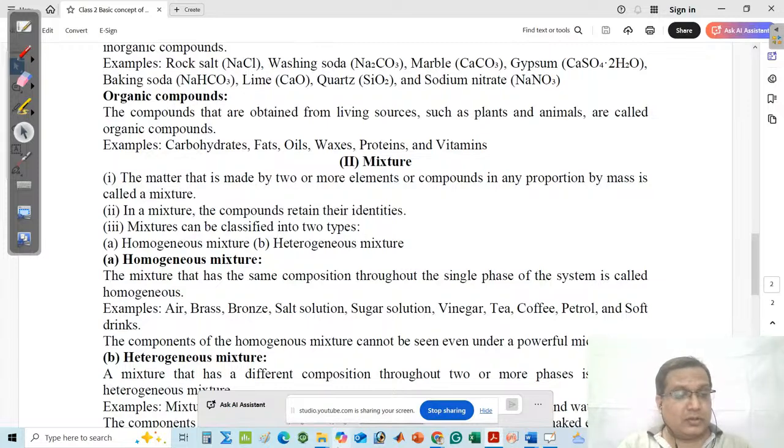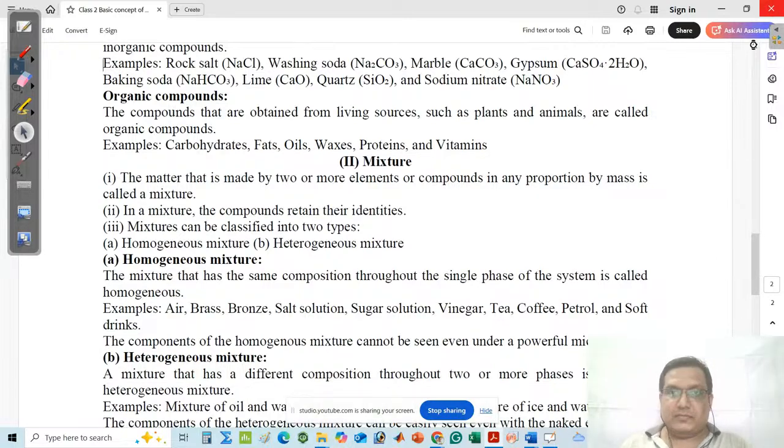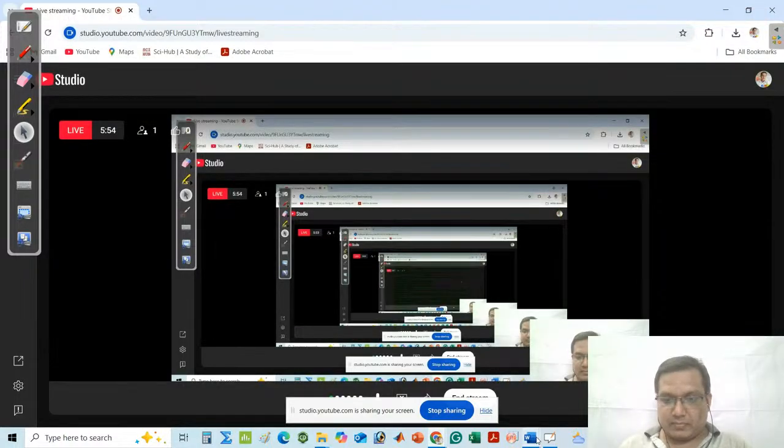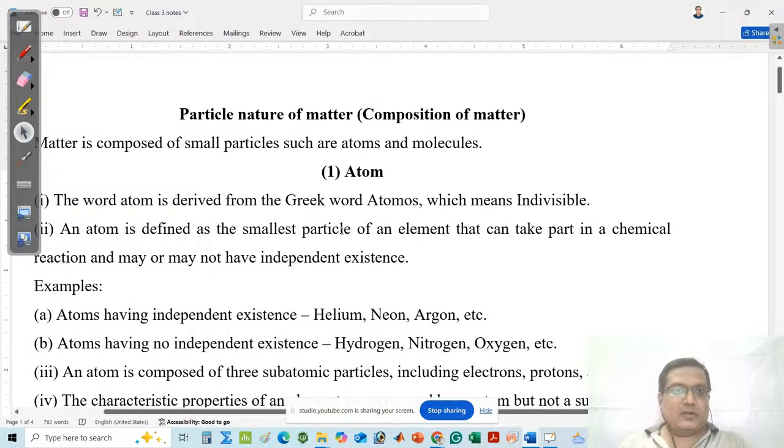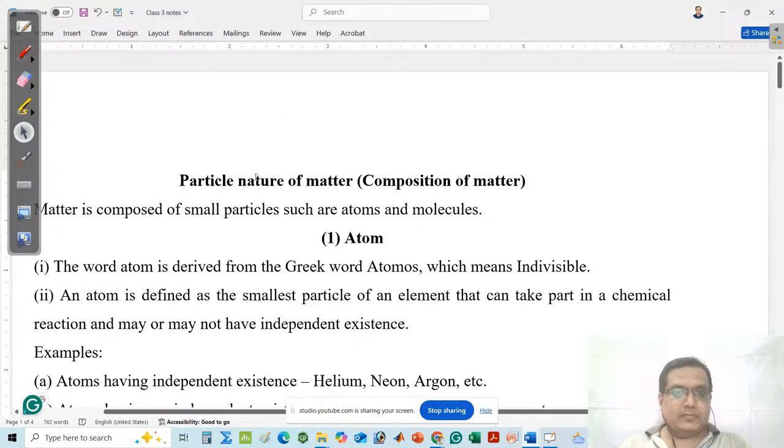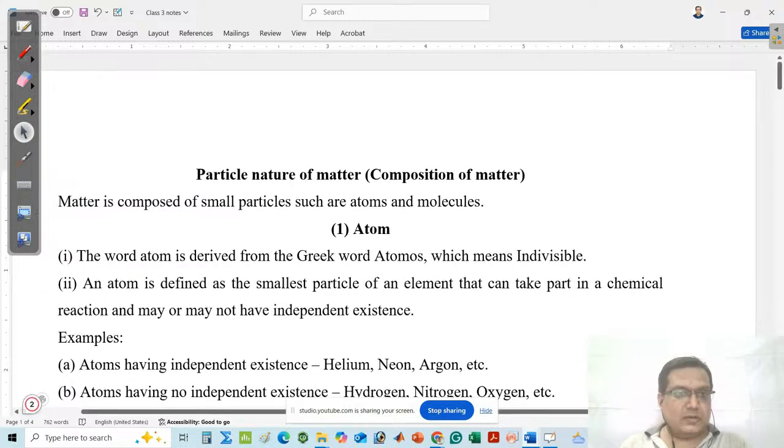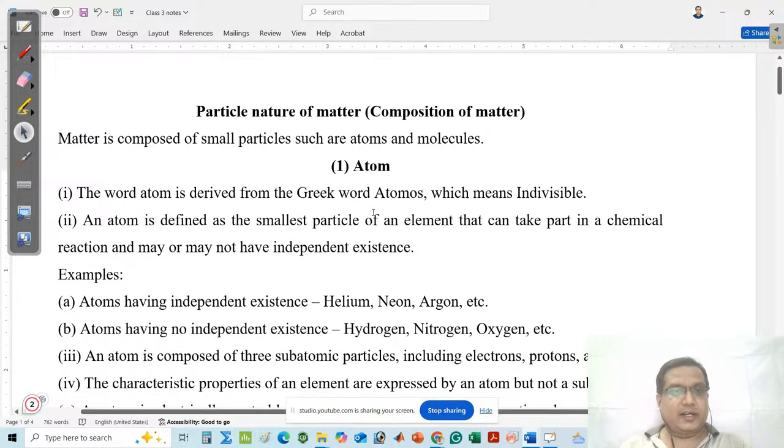Let's move to today's class topic. Today I will discuss the composition of matter. Matter is composed of small particles such as atom and molecule.